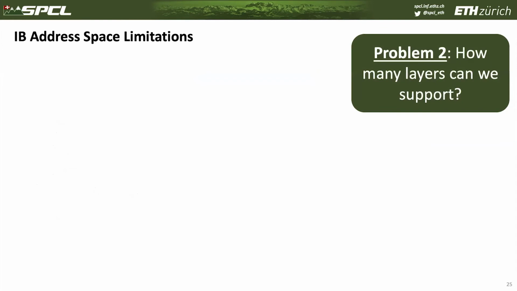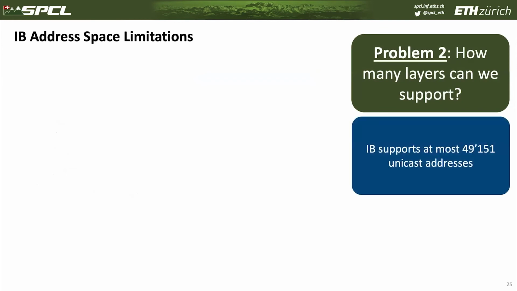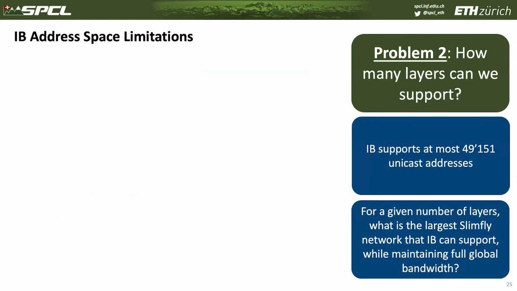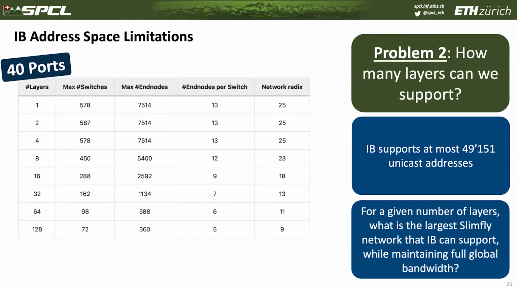In order to answer this, we take the SlimFly topology that we construct using switches with router radix, or switch radix, 40, and try to construct the largest SlimFly topology while satisfying full global bandwidth and also satisfying the number of layers, so assigning that many addresses to each end node.